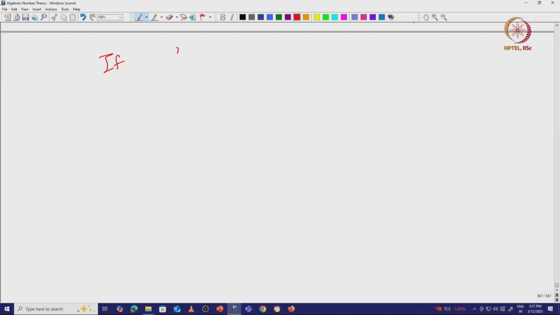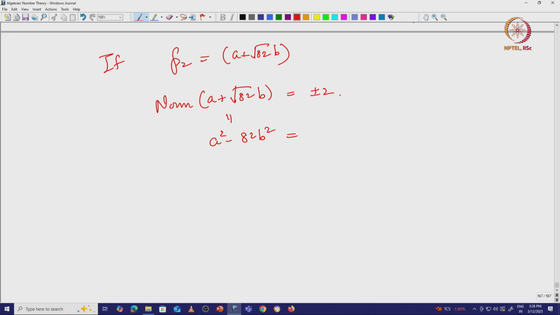So, let us say P2 is generated by a plus square root of 82 b. Then the norm of a plus square root of 82 times b will be equal to plus or minus 2. But this thing is a square minus 82 b square, which is equal to plus or minus 2.